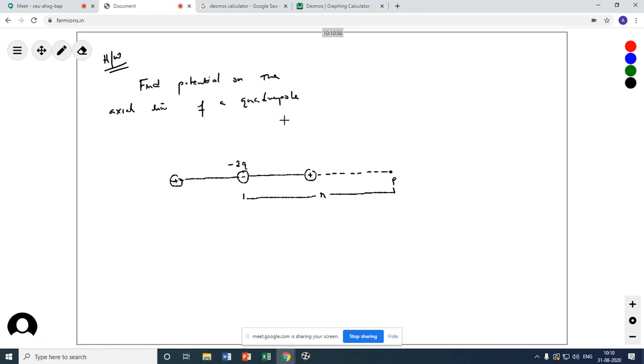So how to do it? It's up to you. Given that this distance is A and this distance is A. How you do it is up to you, but the final result of V should depend on 1 by R cube and not R square.